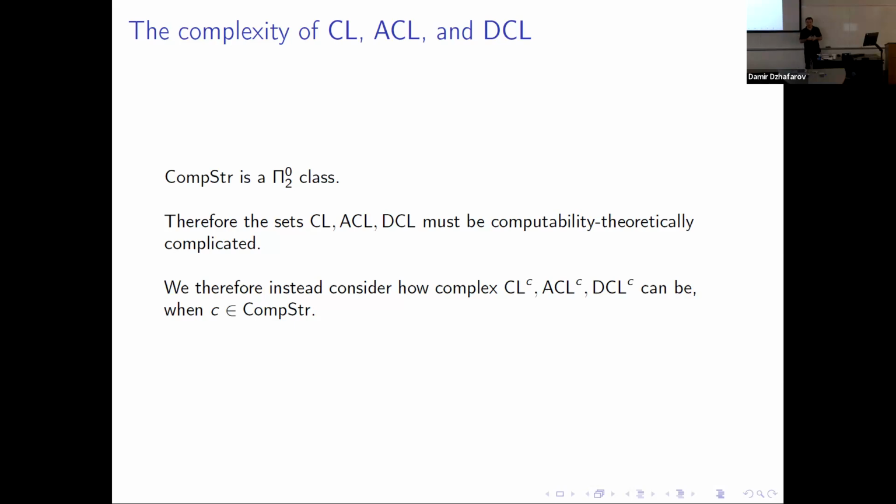I can just ignore the last coordinates, look at the first coordinates, and it's already very complicated. What we want to do instead is look at the fibers: we fix a single element of the computable structure and ask how complicated it can be in this fiber.